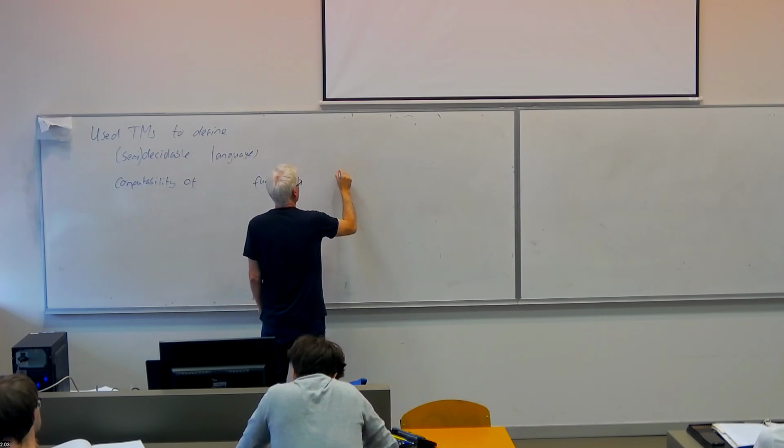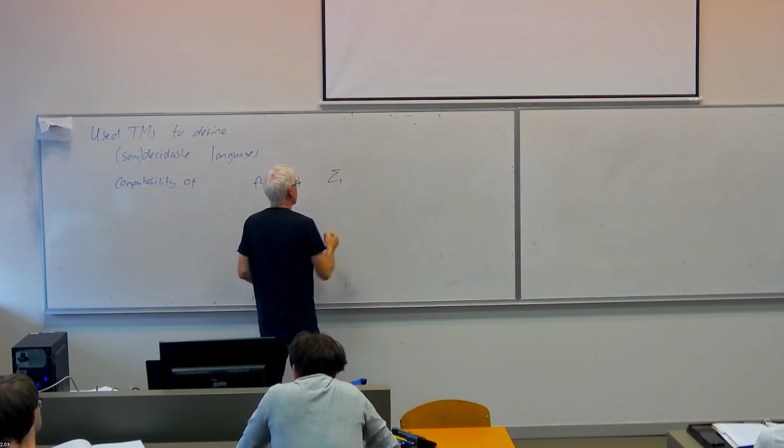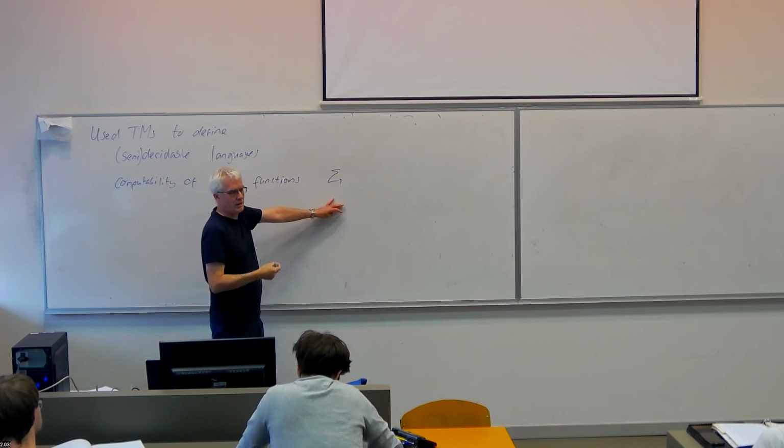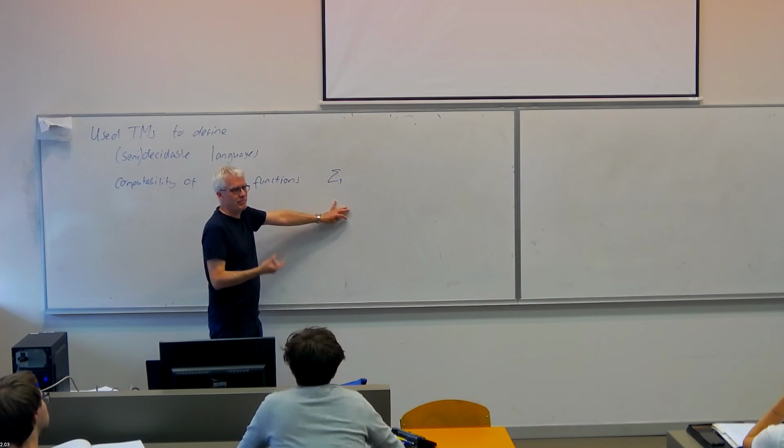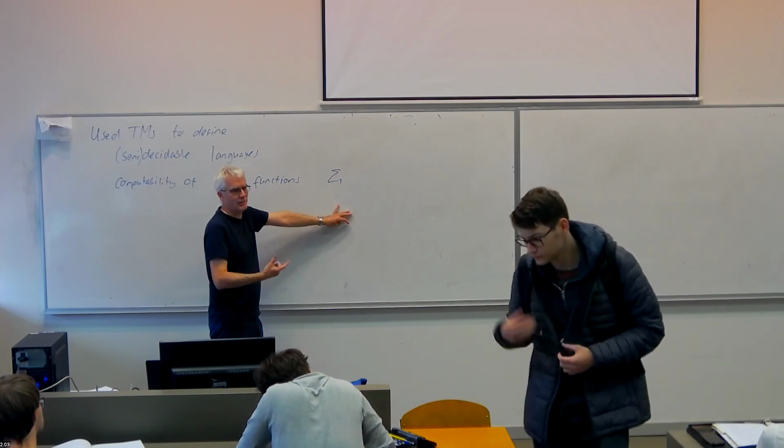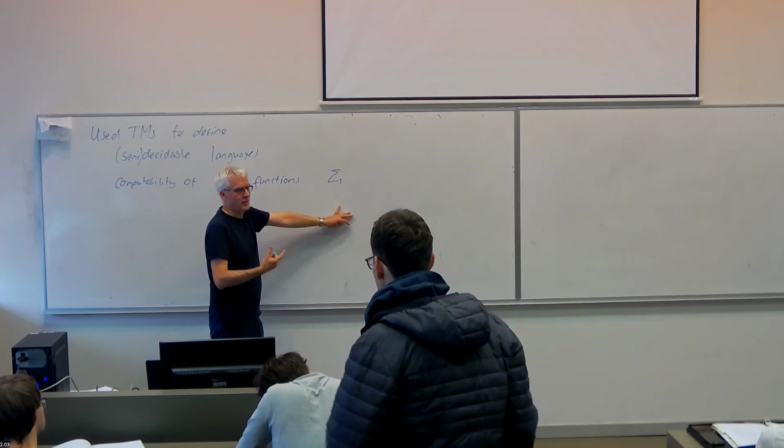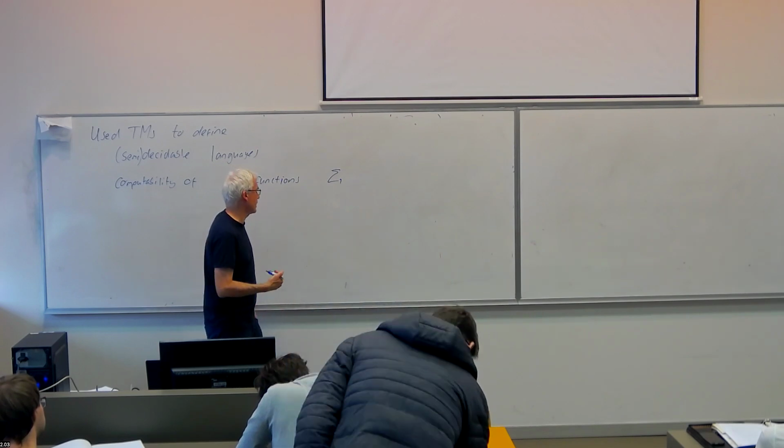Functions from, well, because we've got Turing machines, the idea of computing a function, so you transform some input data to some output data. The only data you have available is words over an alphabet that you can write onto a tape.